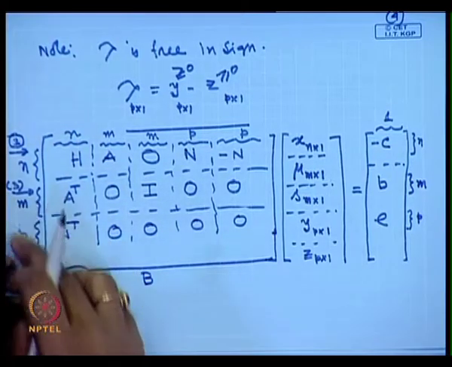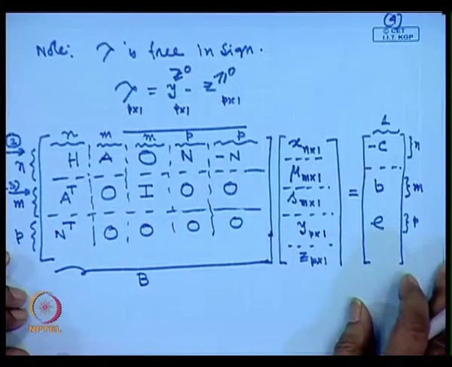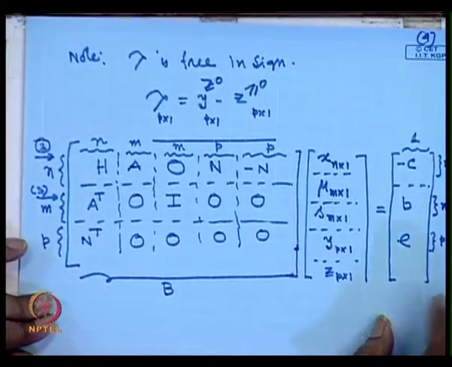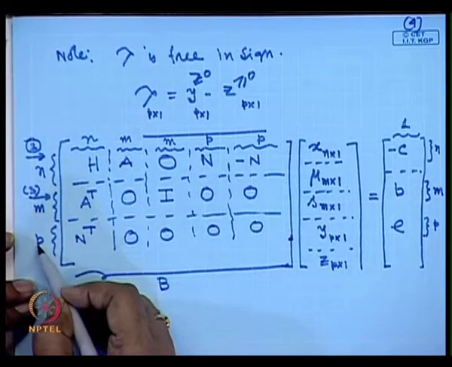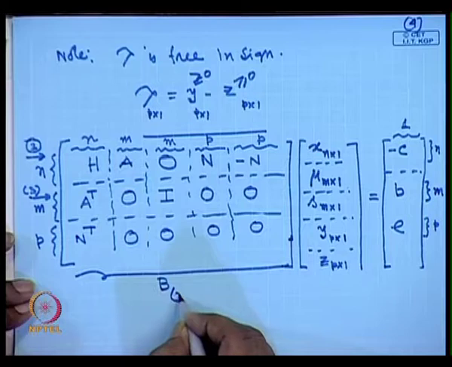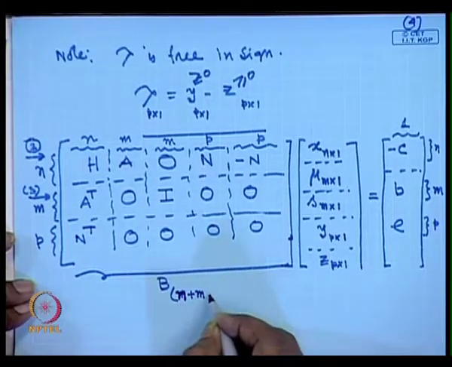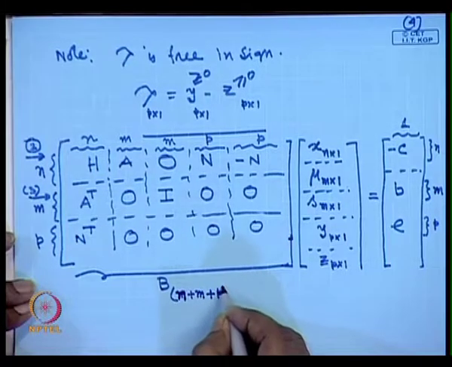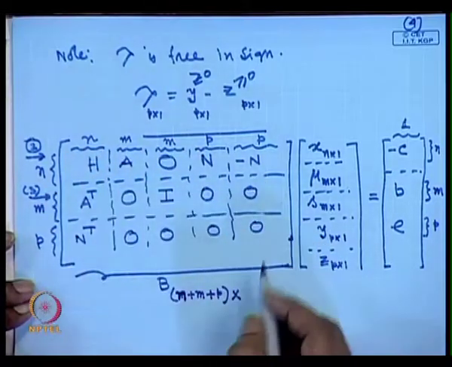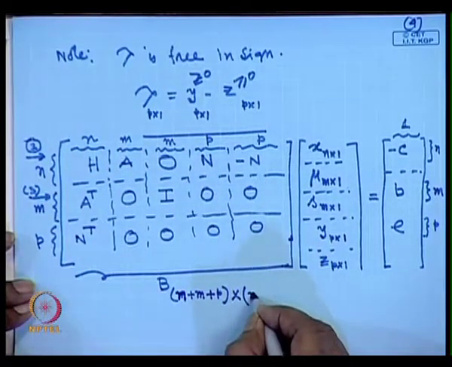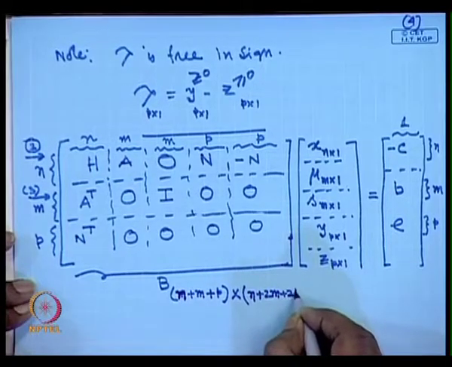If you see, the number of rows is n plus m plus p, into the number of columns n plus twice m plus twice p.